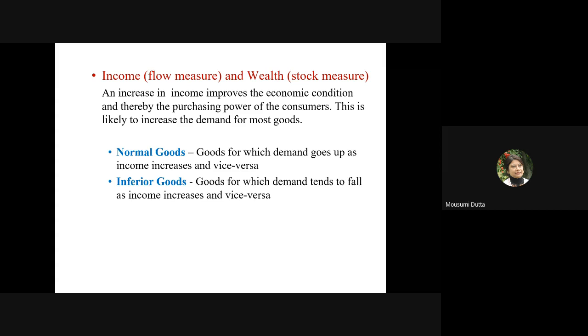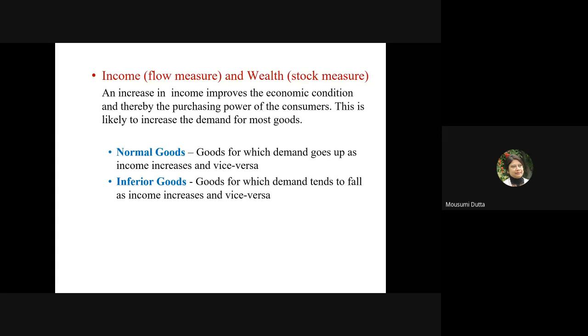So the basic items in that case will be considered inferior goods. If we find that as income increases, spending on certain commodities is falling, we will consider those commodities inferior goods.